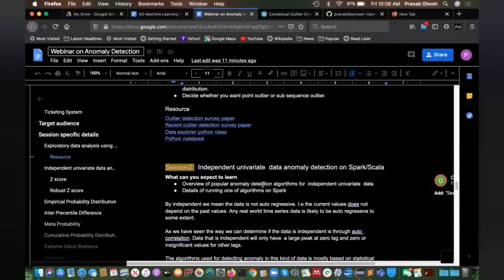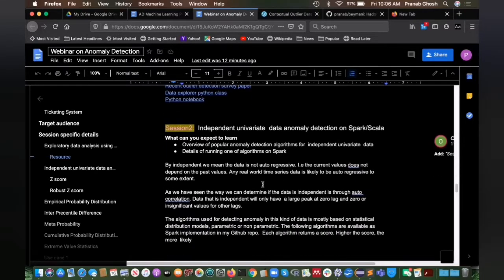So I'm calling that independent. So what we're going to do today is a review of some popular anomaly detection algorithms for independent univariate data, and details of running one of the algorithms on Spark. Actually, I'll be covering 2 of them.